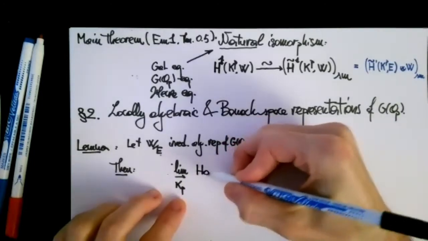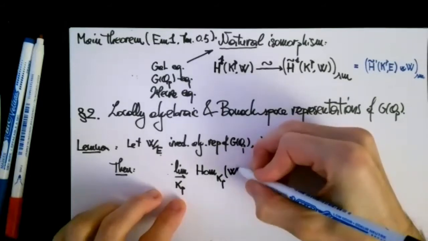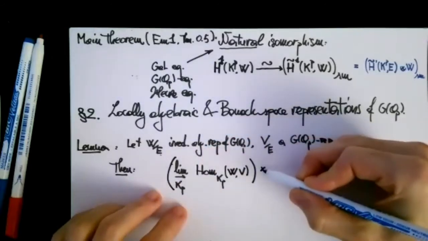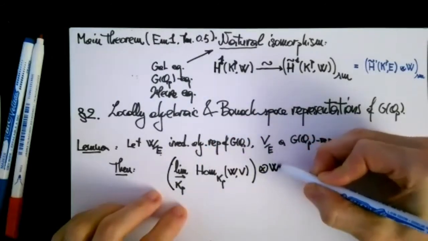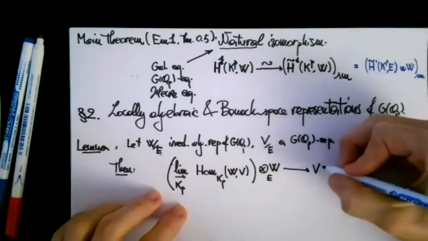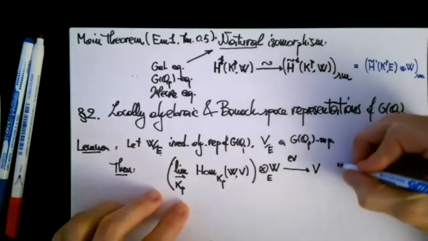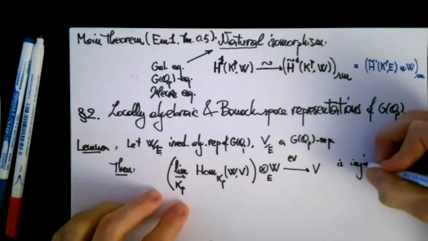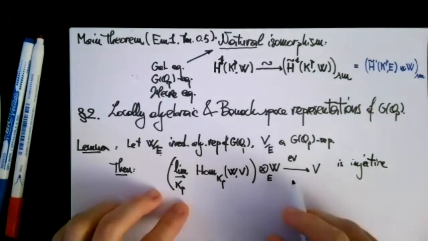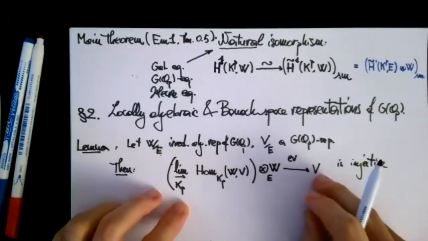I consider the K_p-equivariant homomorphisms of W to V, tensored over E with W, mapping to V. So this is the evaluation map. This map is injective. The image of this map is what we call the W-locally algebraic vectors of V.